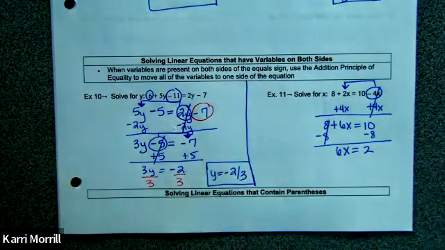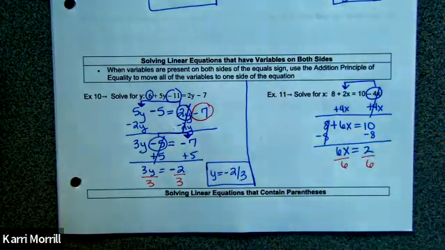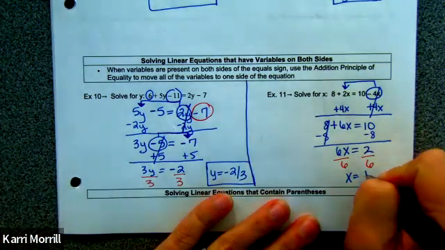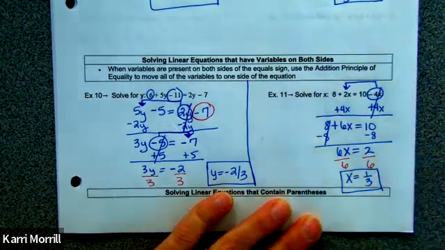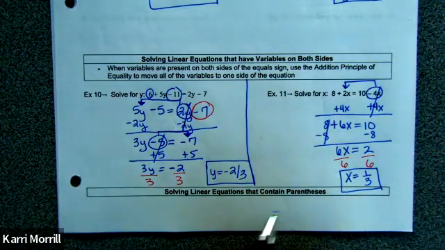Then we get to divide by 6. Can you reduce that? Yeah, so 1/3. Both of those numbers can be divided by 2. You do not want to answer out of the decimal, especially in that case, because 1/3 is a never-ending decimal.